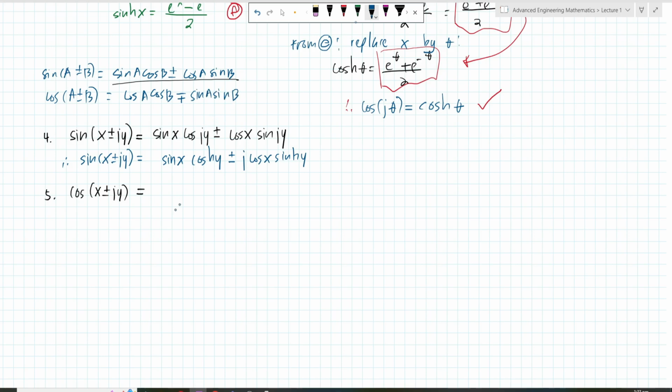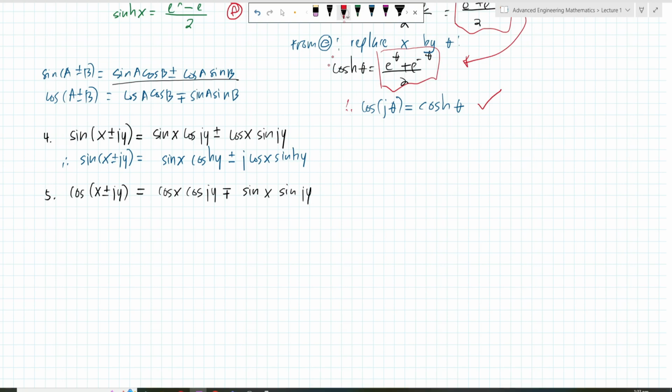So this is the same as the cosine of x cosine of jy, minus if plus, plus if minus, then the sine of x sine of jy.